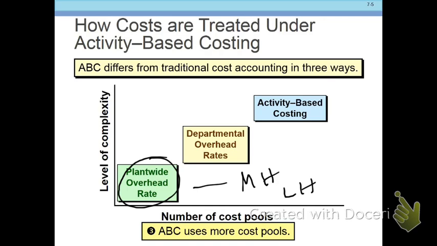Then in chapter 4, we may have had different overhead rates for different departments as the item was going down the assembly line. So we may have had 2 or 3 different rates in the company. Now we're going to have a lot of different activity rates, and that's going to need to be incorporated into our costing system.